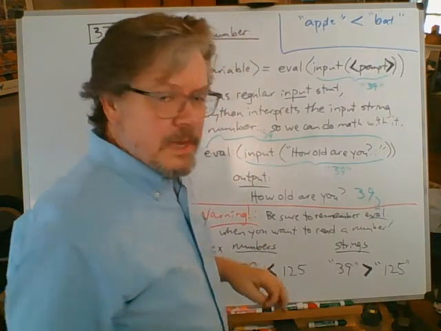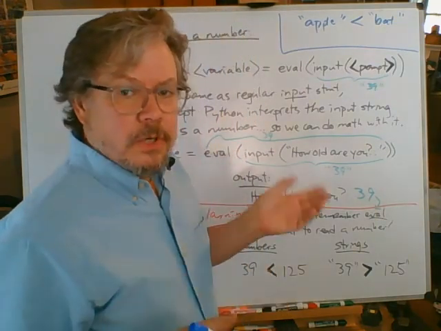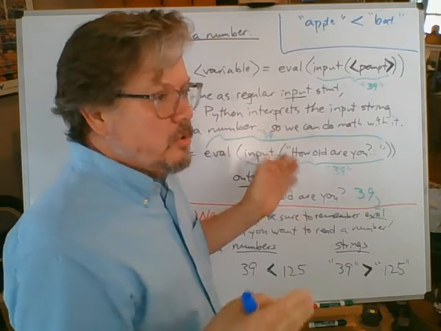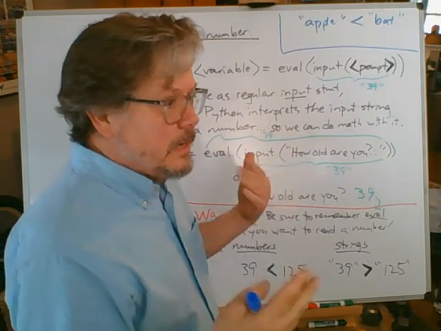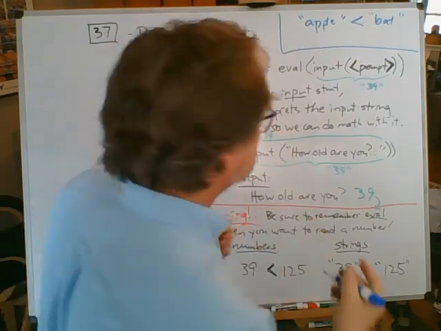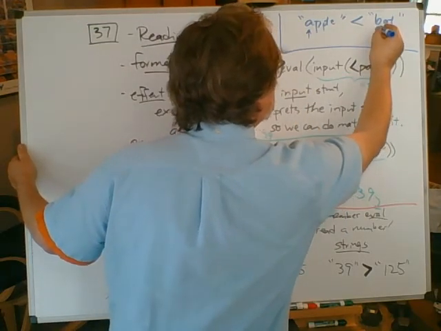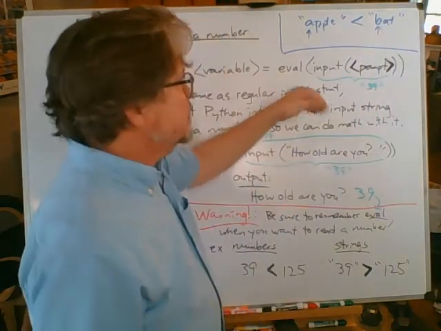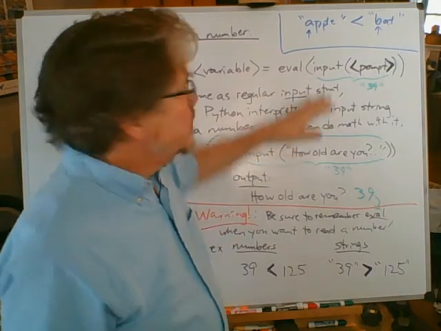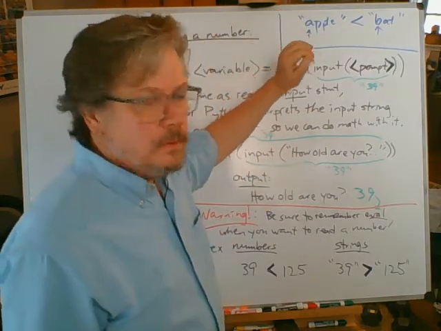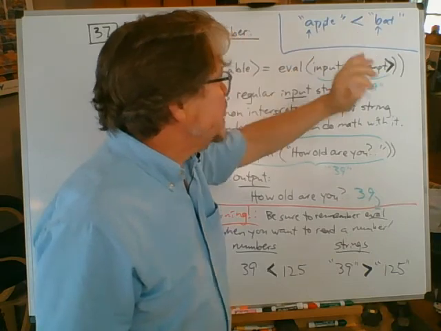Where's the logic in that? Well, when you compare strings, you only compare one character at a time until you find where they don't match. And then you make your decision based on that. A and B are different from each other. A is less than B, alphabetically. So the string apple is less than the string bat.